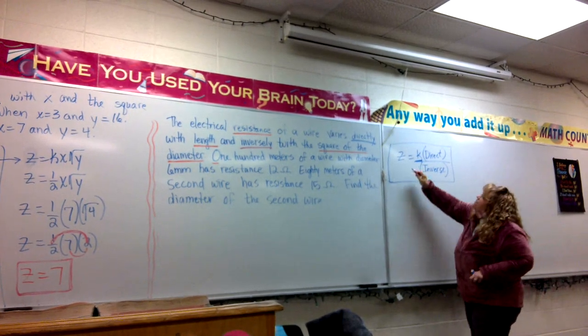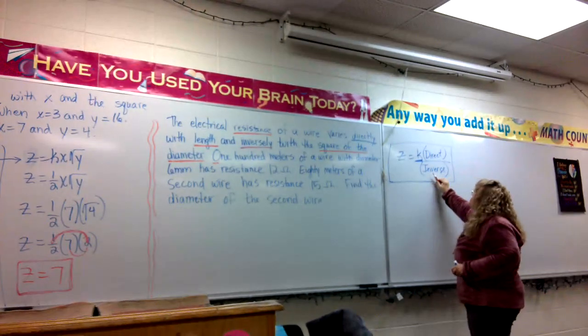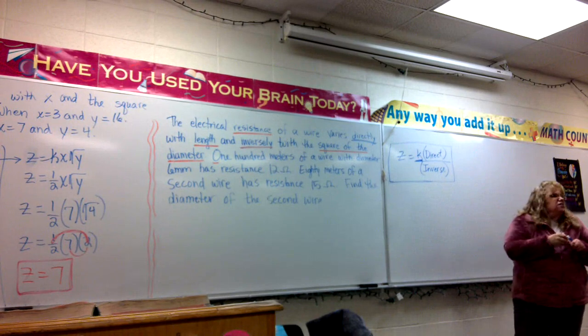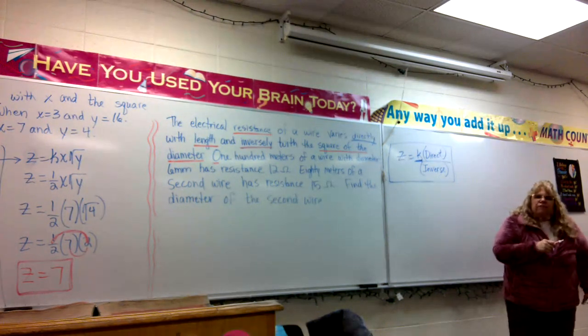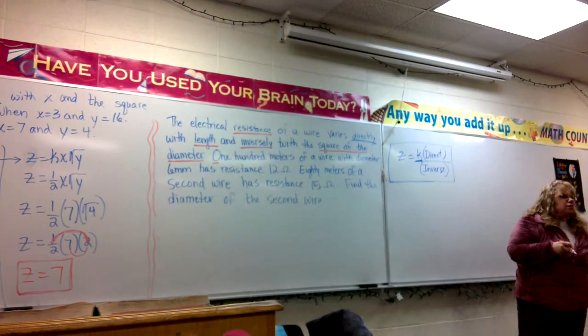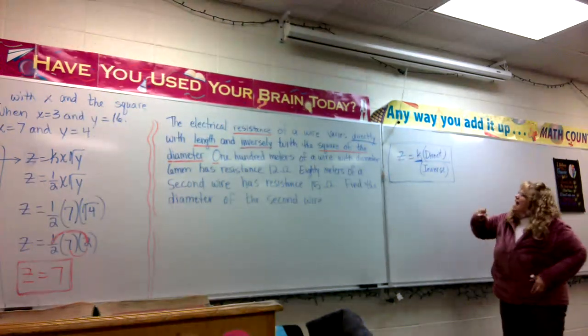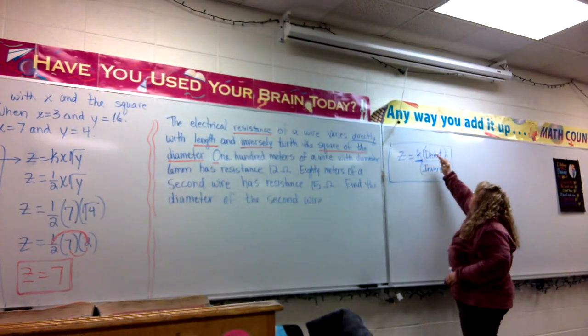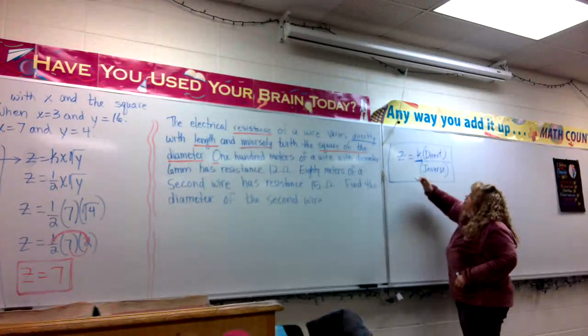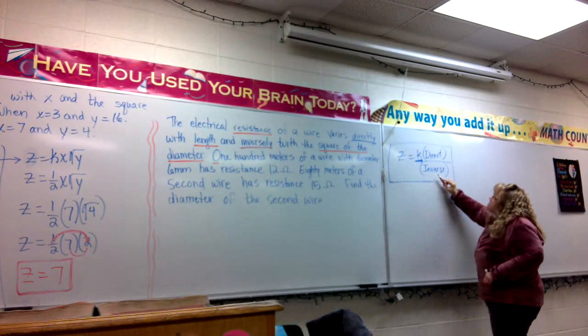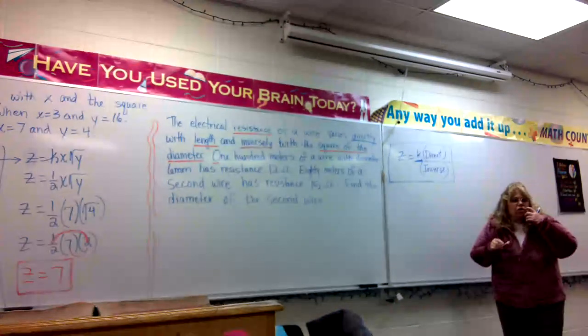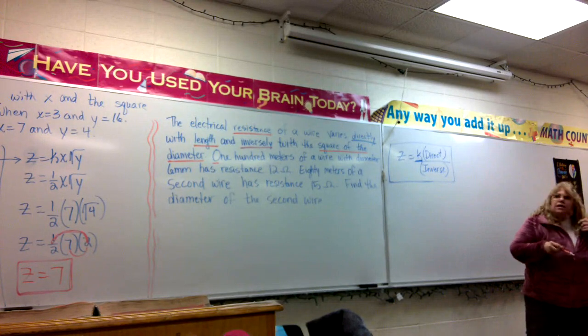And anything that it varies inversely with goes on the bottom. Did you catch that? I'll say it again for the daydreamers. Anything that it varies directly with will go on top. Anything that it varies inversely with will go on the bottom.